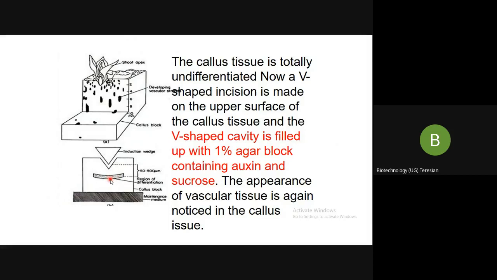These three experiments prove that auxins are very essential for the differentiation of the xylem or the formation of the vascular tissue.